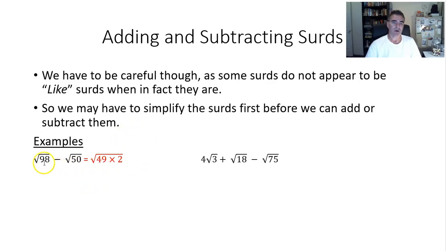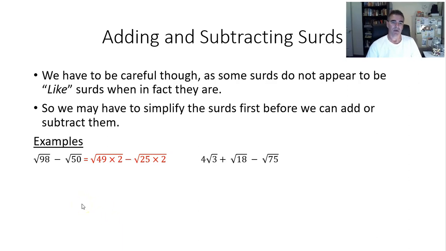Square root of 98 is the same as 49 times 2. Remember 49 is a square number. And then we're going to subtract, let's look at 50. The largest square factor of 50 is 25. So I'm going to change 98 to 49 times 2 and 50 to 25 times 2.